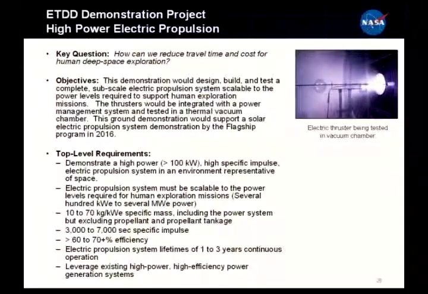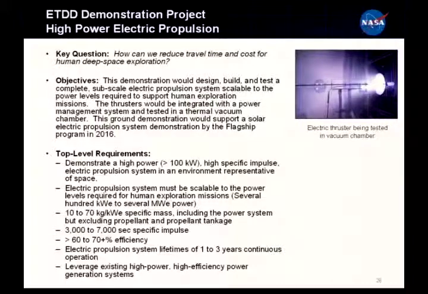Okay, the next demonstration project involves high-power electric propulsion, and it's trying to address the key question: how can we reduce the travel time and cost for sending humans on deep space exploration missions? You'll see later today in the flagship technology demonstration program a large solar electric propulsion system that they would like to build and demonstrate.